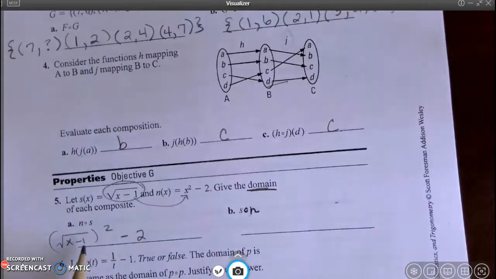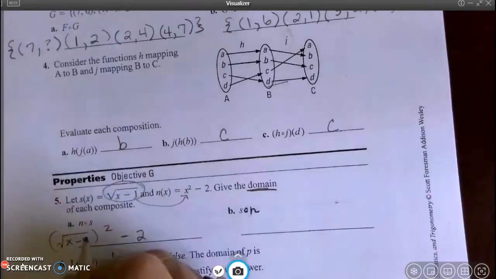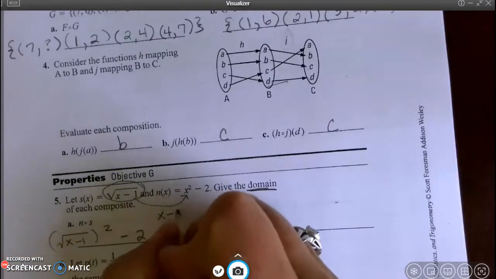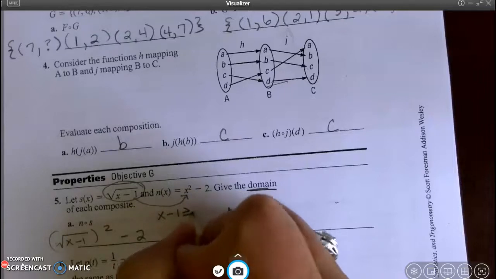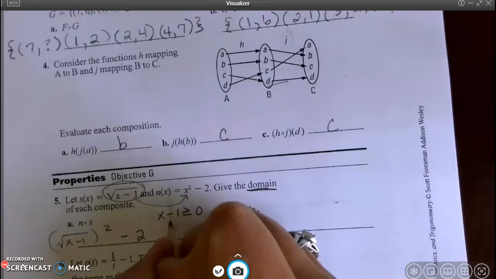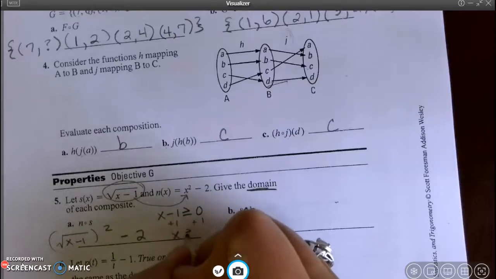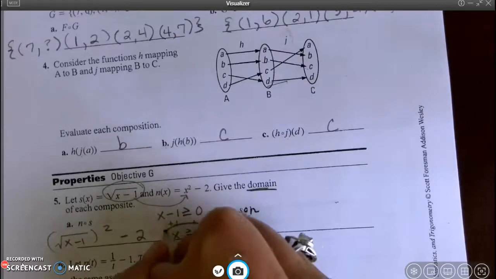Now, even though when we square a square root it goes away, because this square root is here to begin with, we have to make sure that whatever's under this square root is positive. So x minus 1 must be greater than or equal to 0. Add 1 to both sides. X must be greater than or equal to 1.